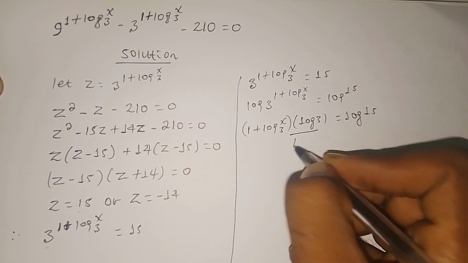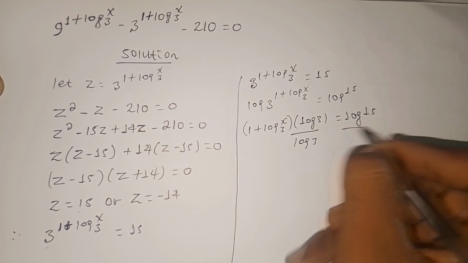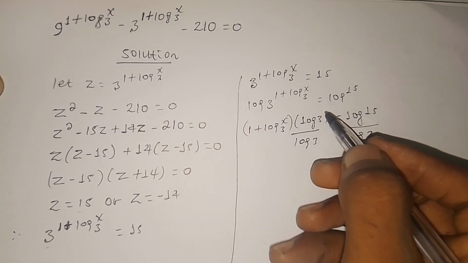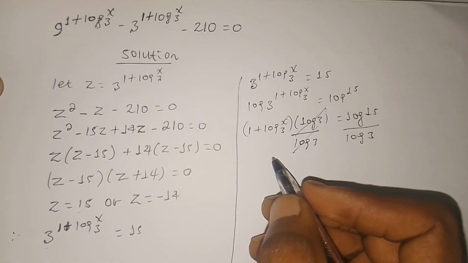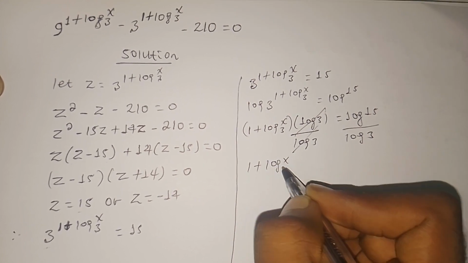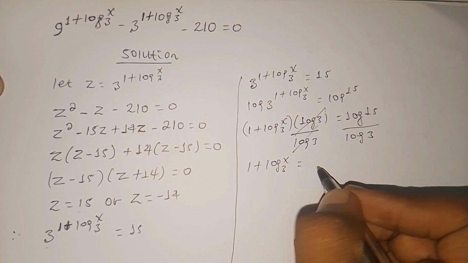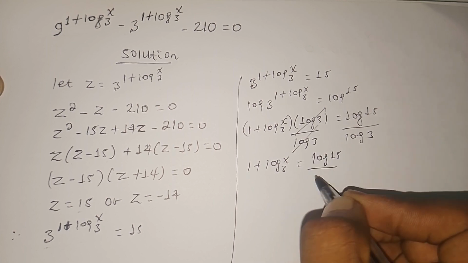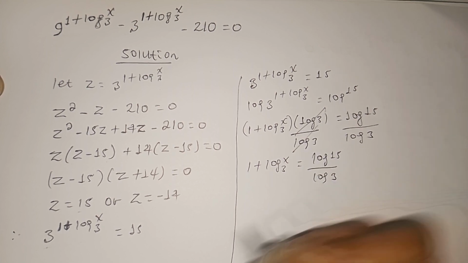Then this cancels with this. 1 plus log x in base 3 is equal to log 15 over log 3.